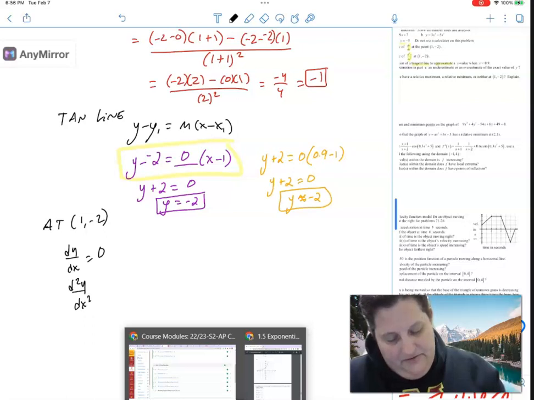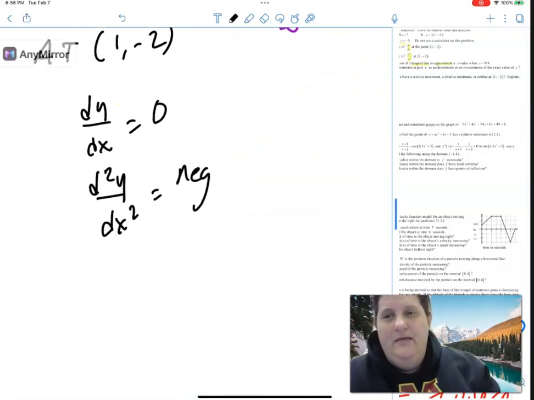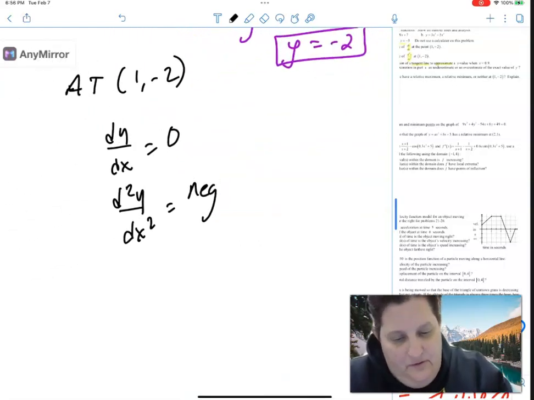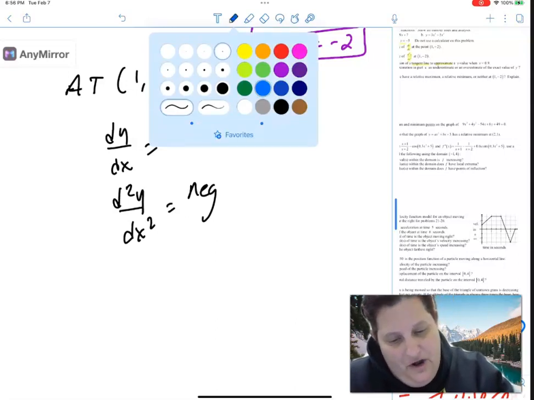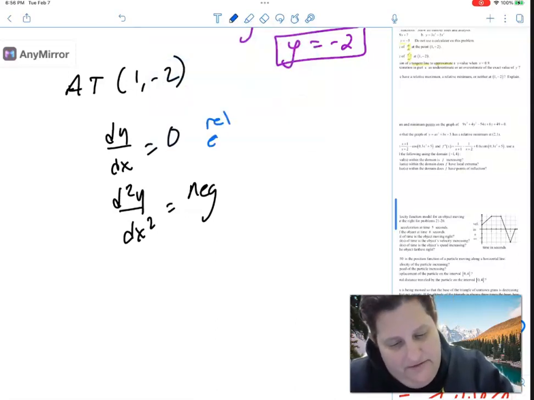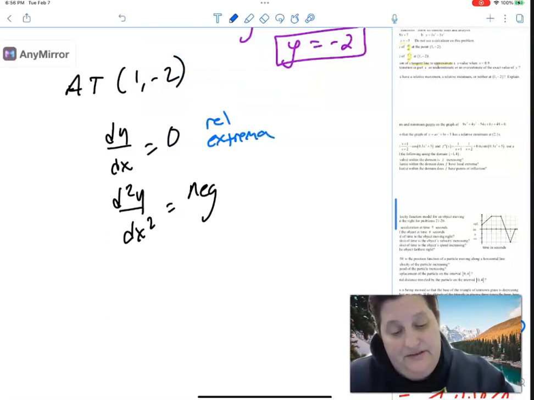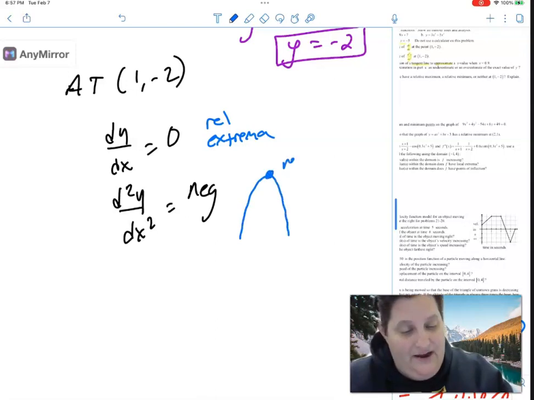The second derivative is negative. The first derivative being 0 means it's a relative max or a relative min. So I know that this is a relative extrema, one or the other. But the second derivative being negative means it's concave down. So this is actually a relative max.